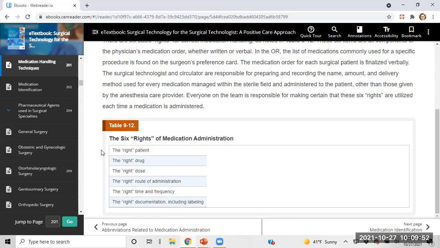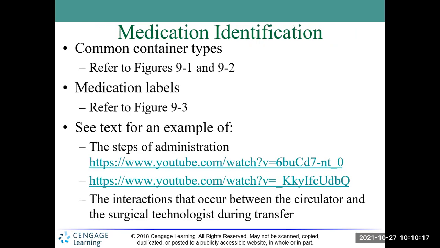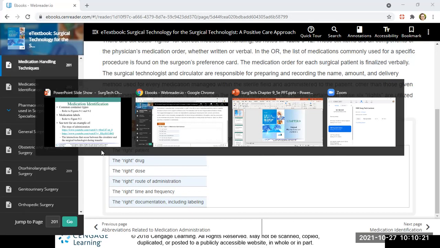Then at the time it's being administered, and you're preparing it and handing it to the physician, that's another time that you're confirming the drug, the dose, the route, and all of that. So just know that you're going to be saying that same information several times, but that's the way that we eliminate these drug errors. And then there are different types of container types, and we're going to look at those.